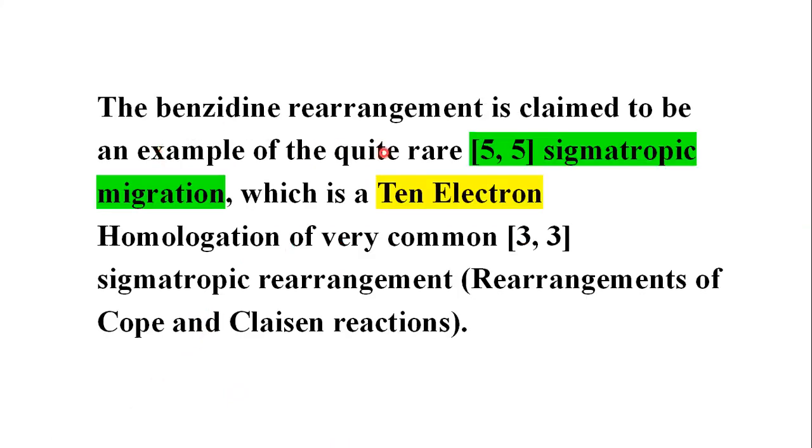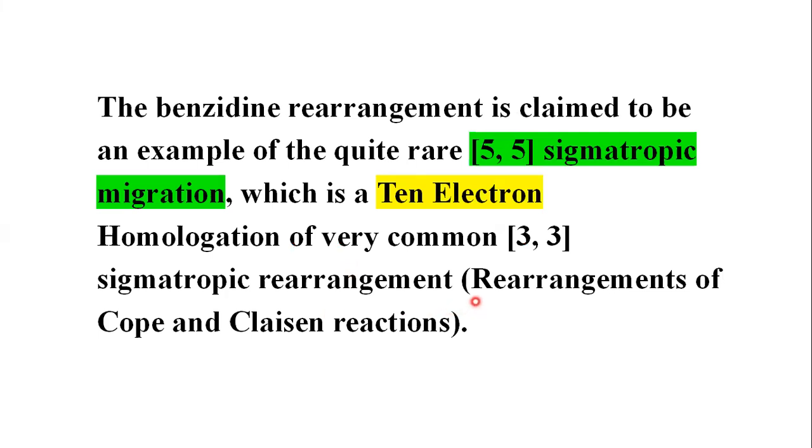The benzidine rearrangement is claimed to be an example of the quite rare 5-5 sigmatropic migration, which is a 10-electron homologation of the very common 3-3 sigmatropic rearrangement.